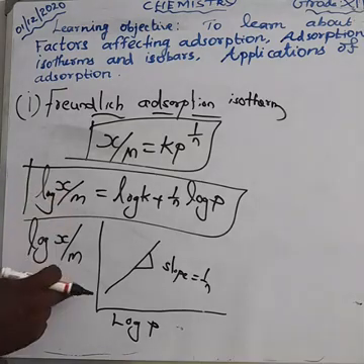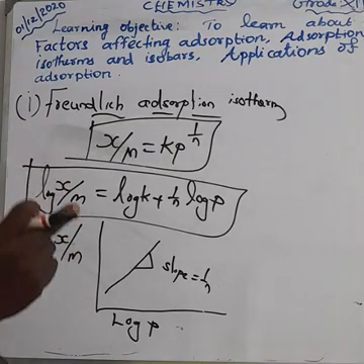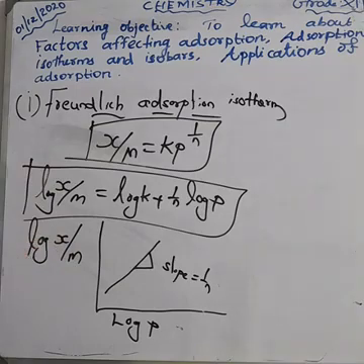This equation explains the increase of x by m with increase in pressure. But the experimental value shows deviation at low pressure. Sometimes you may be asked about the limitation of Freundlich's adsorption isotherm.